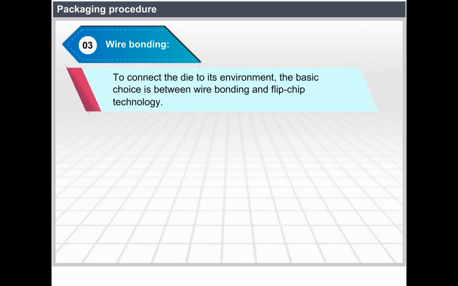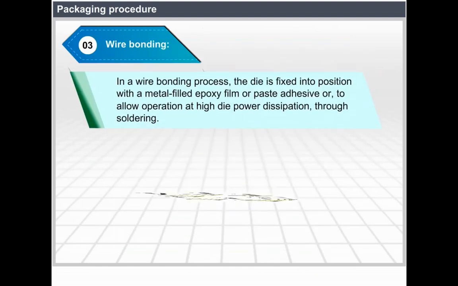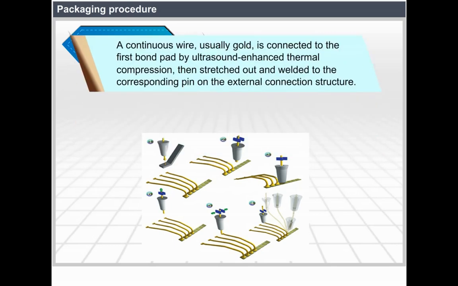Wire bonding. To connect the die to its environment, the basic choice is between wire bonding and flip chip technology. In a wire bonding process, the die is fixed into position with a metal-filled epoxy film or paste adhesive, or to allow operation to high die power dissipation through soldering.